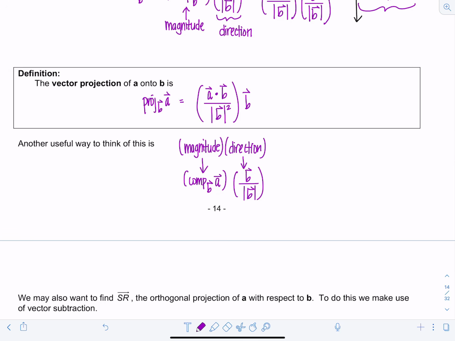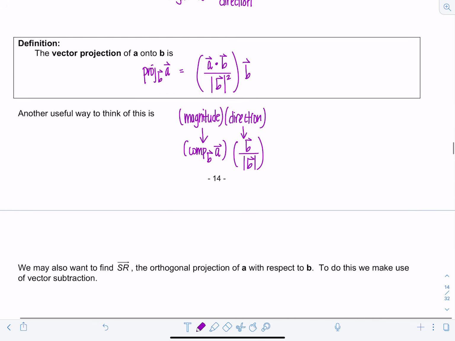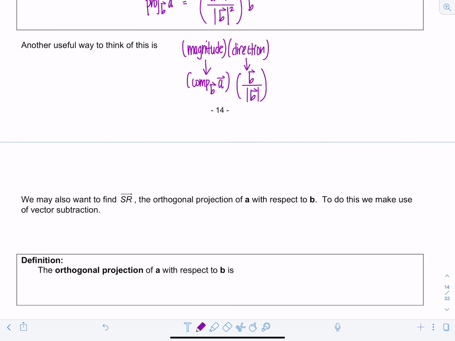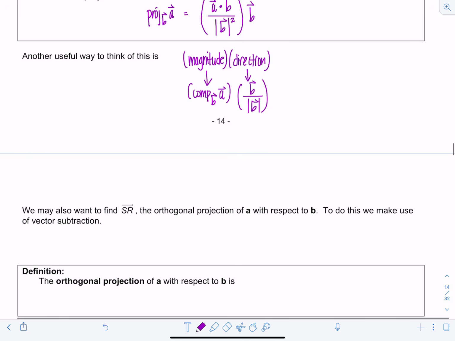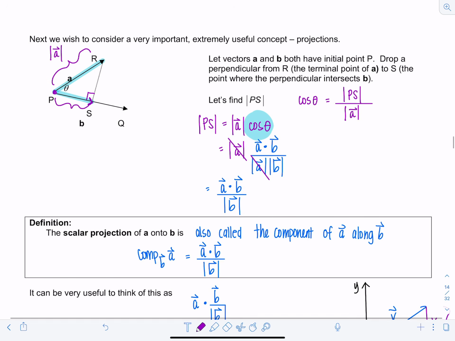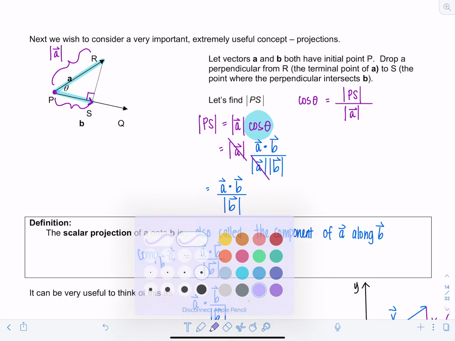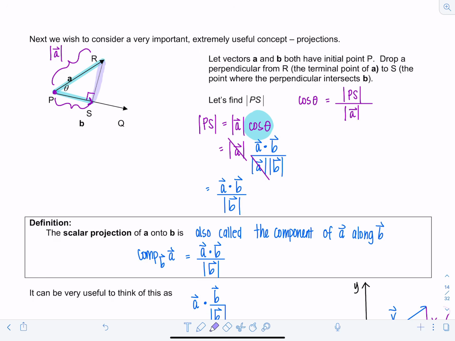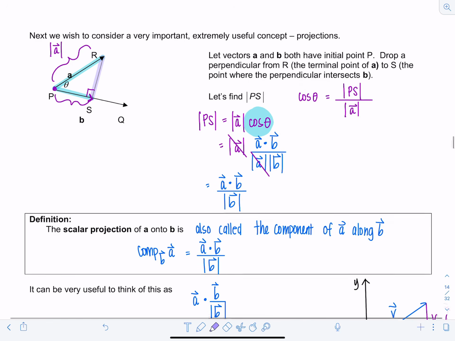Lastly, we may want to find vector SR, which is the orthogonal projection of A with respect to B. And to do this, we're going to make use of vector subtraction. So I'm going to go back up to the diagram so we can identify where SR is. Okay, so here is SR, and that's the orthogonal projection of A with respect to B. Notice here that vector SR is PR minus PS.